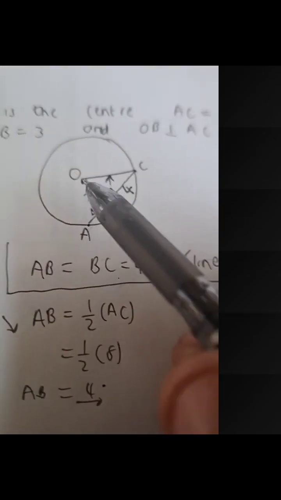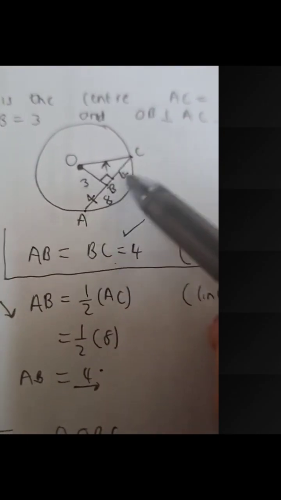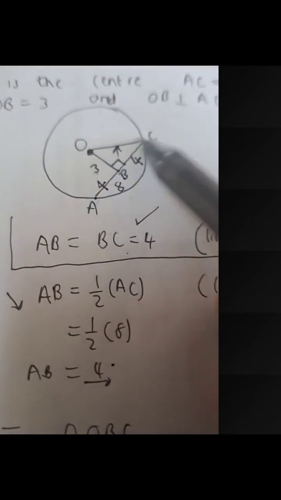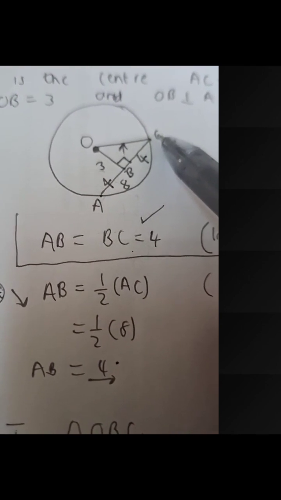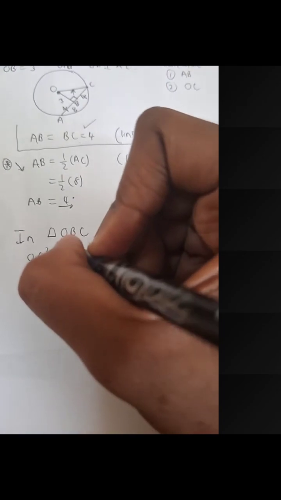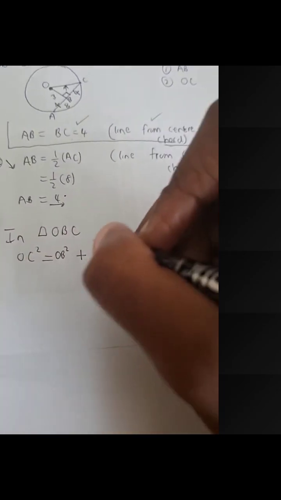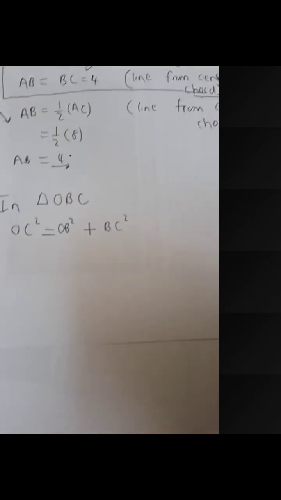So in other words, the square of the hypotenuse is equal to the sum. What does the sum mean? The sum means addition. The sum of the squares of the other two sides. So I've already used OC, which is my hypotenuse. Then all I simply do is I say OB squared plus BC squared.